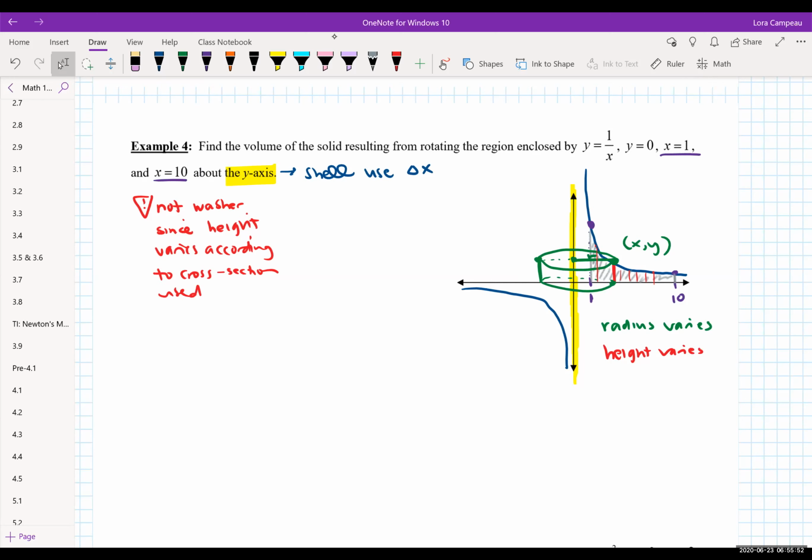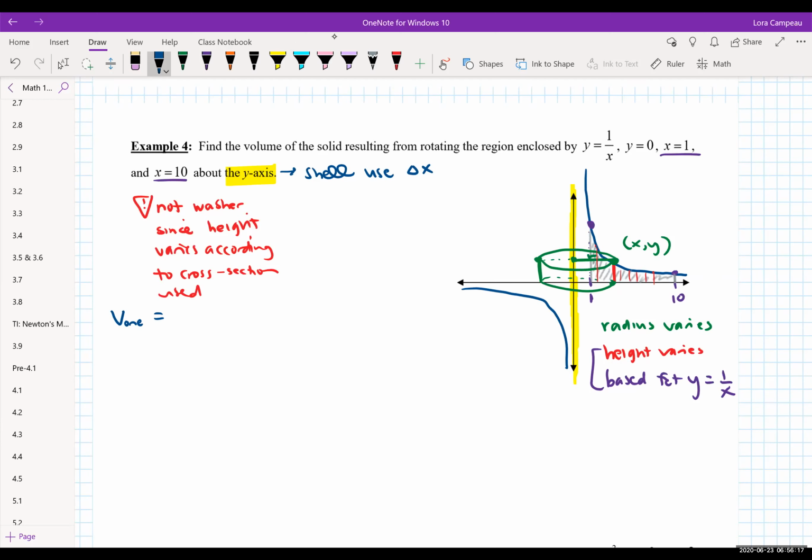If you want to pay attention to what the height is doing, the height varies and it's based on the function y, and the function is y equals 1 over x. So kind of keep that in line. Now you're ready to do this whole volume business.